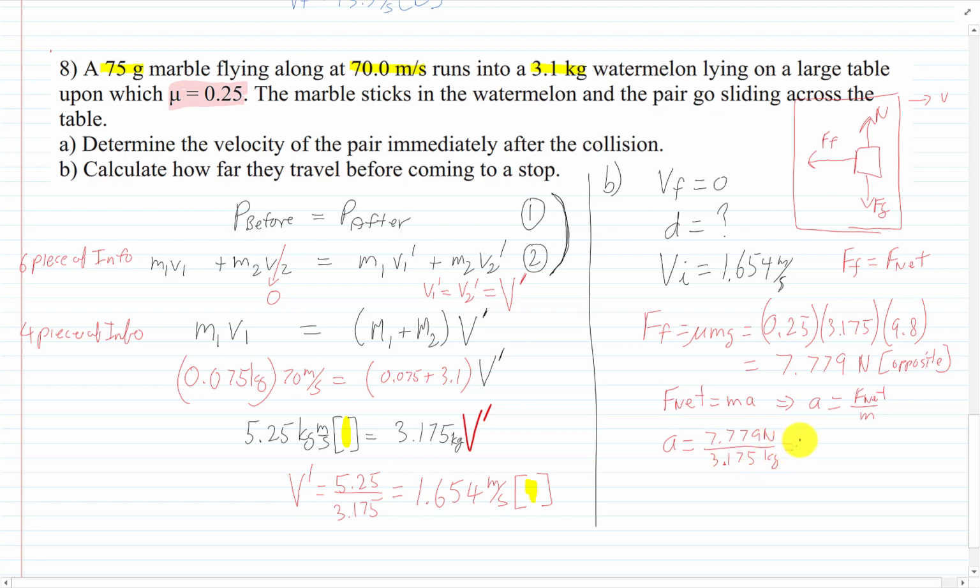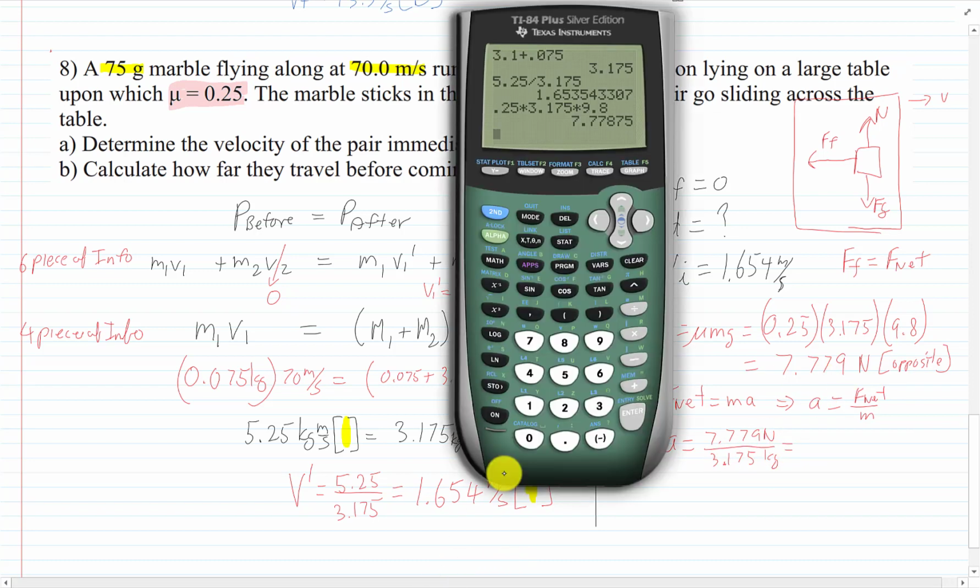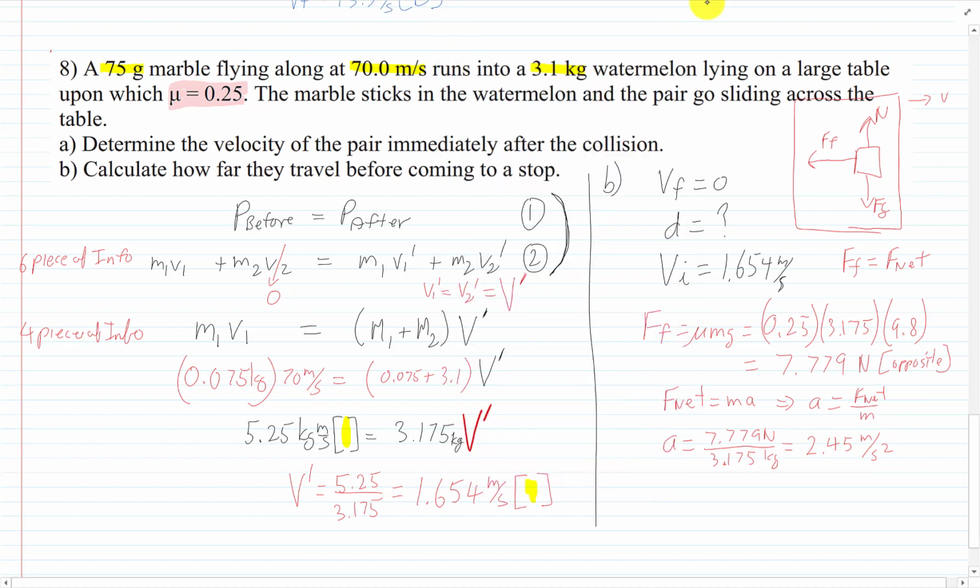So the acceleration is going to be this number divided by that number, and we get 2.45 meters per second squared. And that's going to be in the opposite direction, negative.